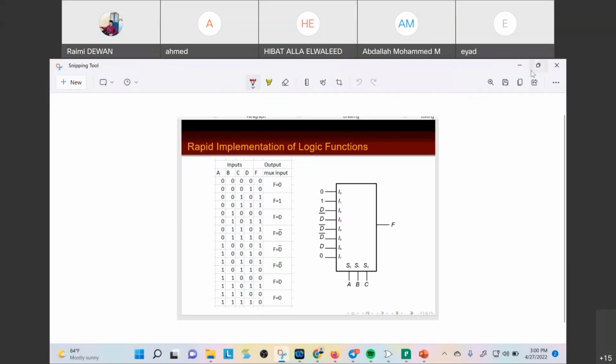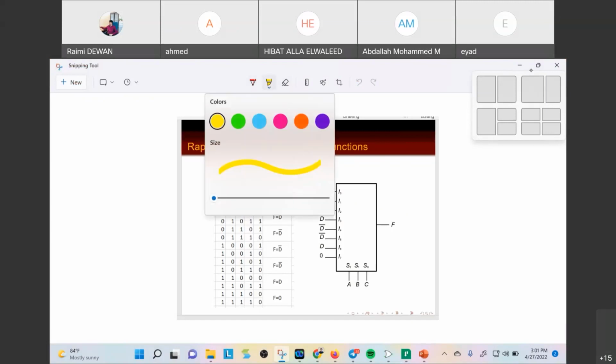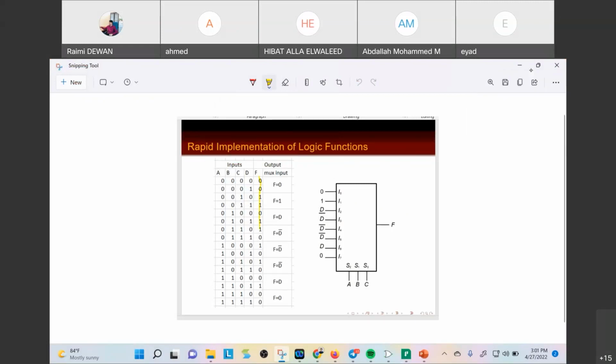Okay, this one is actually to simplify instead of having too many A, B, C, D. So you try to relate first with whatever has a direct connection. For example, here are all of your outputs, and you try to compare with one of the inputs.